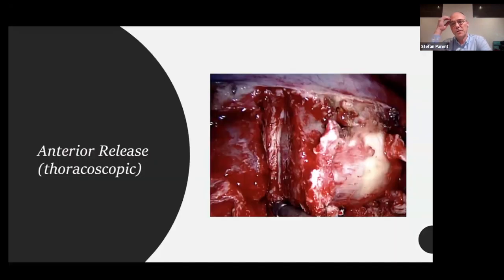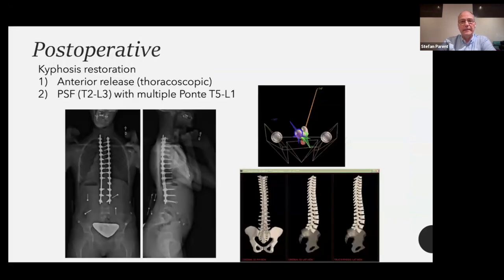And after you have done your disc release, you can get a very good discectomy through the scope, without having necessarily to open the chest and do this with an open approach.